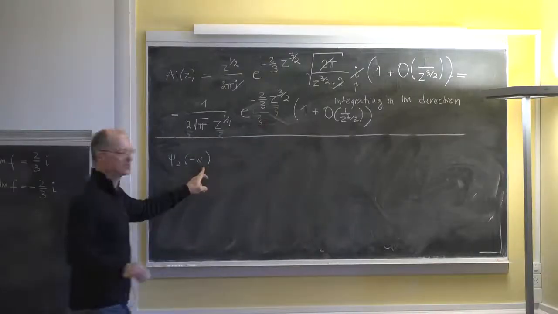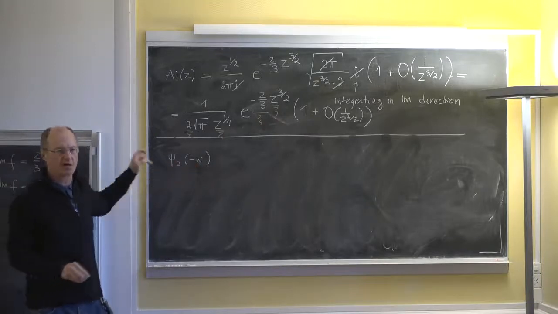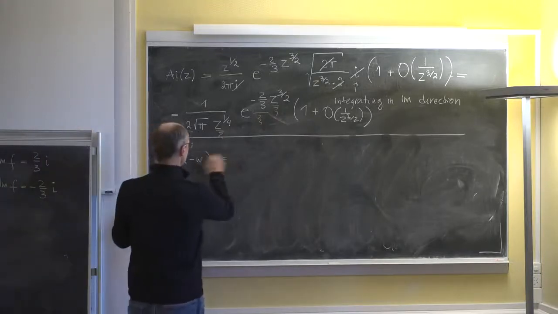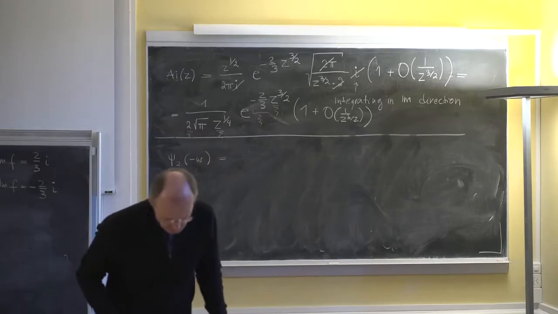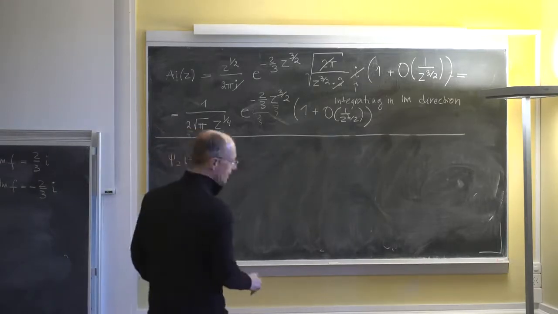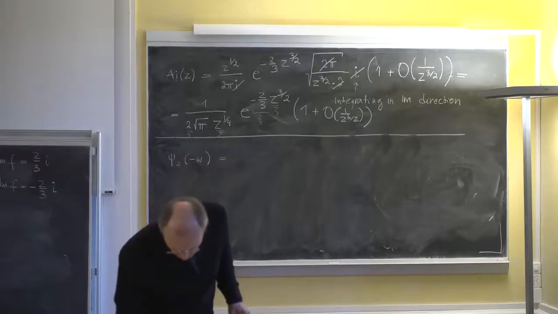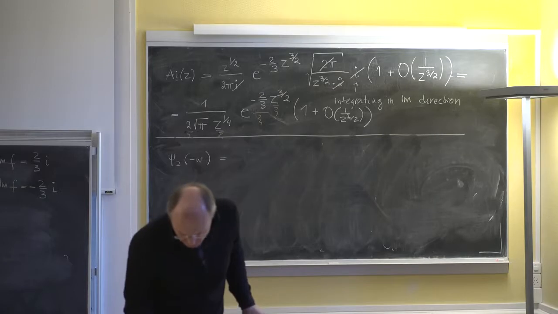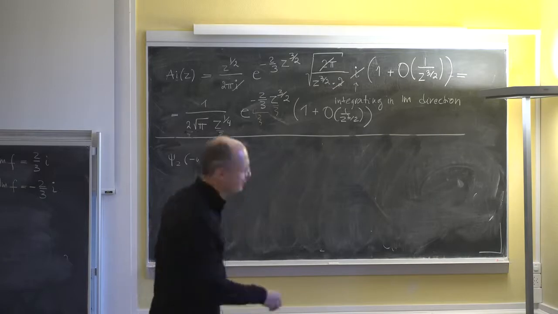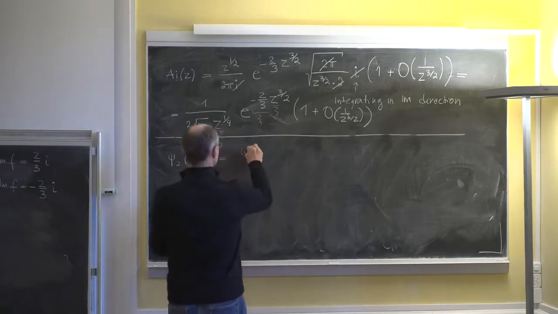So let me recall that z is minus w. So I will be writing the asymptotic in terms of w. So psi 2. Let me write the expressions which come out from the steepest descent, and then we'll add them up.